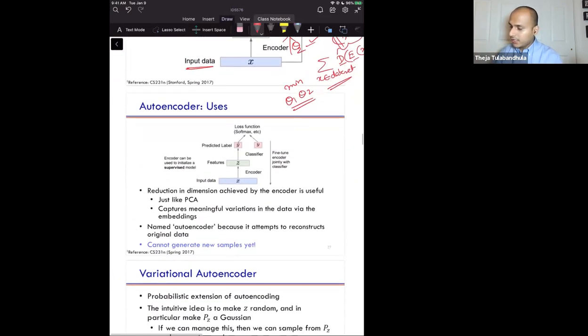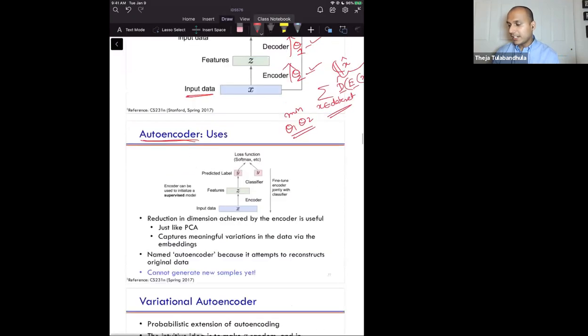Okay, so let me talk about its uses. Although I'm introducing autoencoders in this way, and did not spend too much time on the encoder and decoder details, if you carefully choose the encoder and decoder, it actually becomes a PCA problem itself. Forget about images for a second.